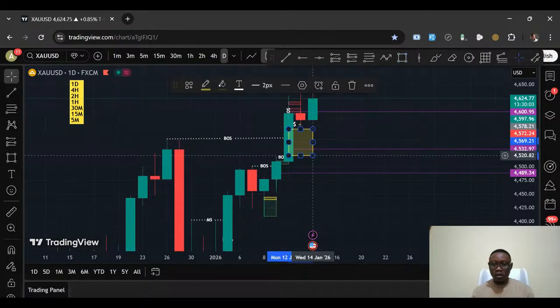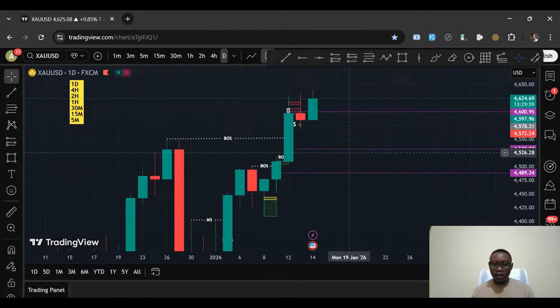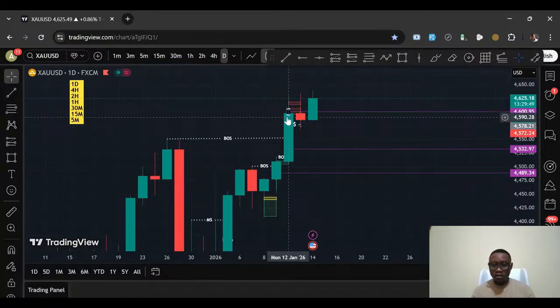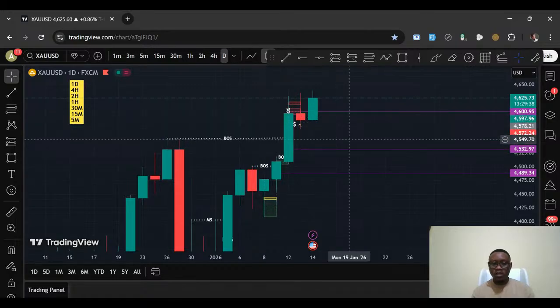There is also a break of structure, which is the second criterion that must be met. And of course there is a massive bullish candle before the pivot candle. So it's met all of the criteria of a valid order block zone.